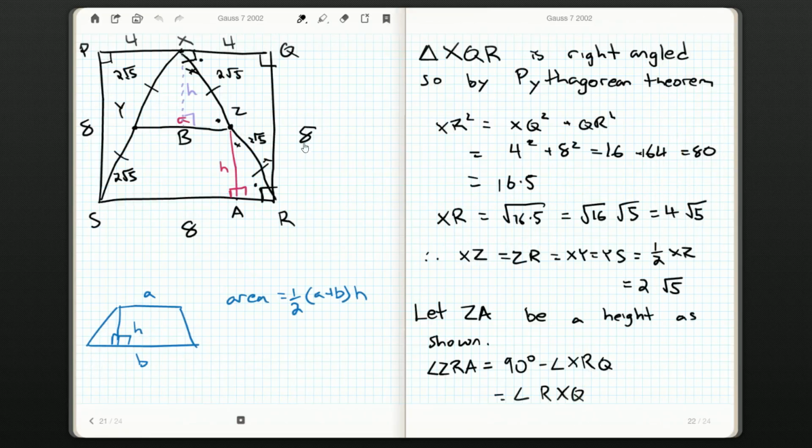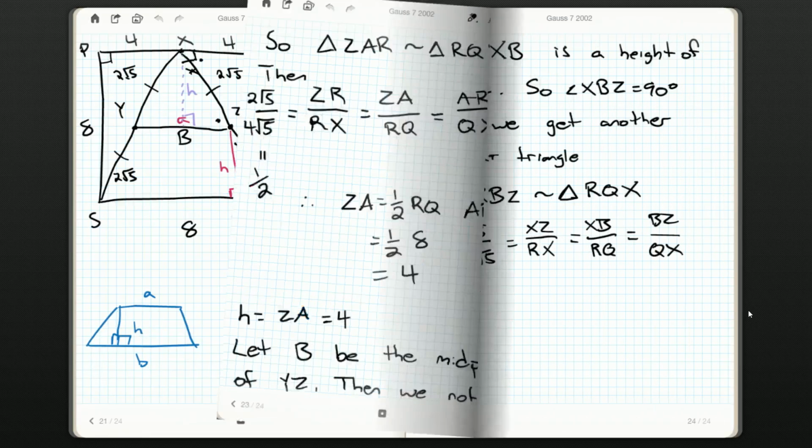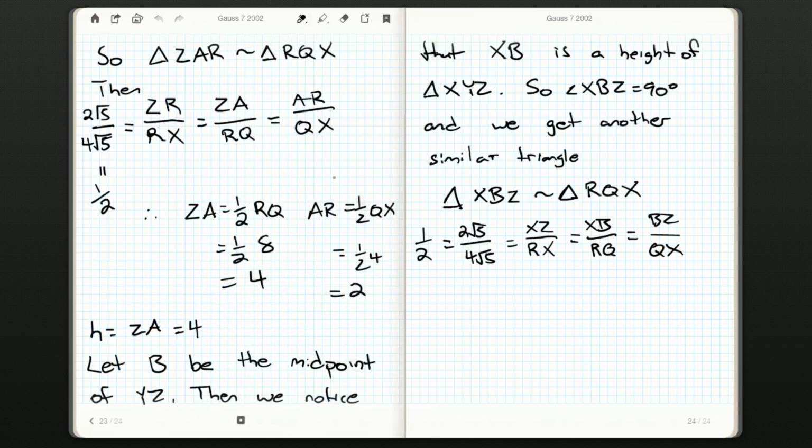Just as when we worked the last similar triangle, we know we got this 4 here, this 8 here, and that means that we're going to get a 4 here for the height, and a 2 here for the base. And since B is the midpoint, that 2 combined with another 2 gives us the length for A, which is 2 plus 2 is 4.